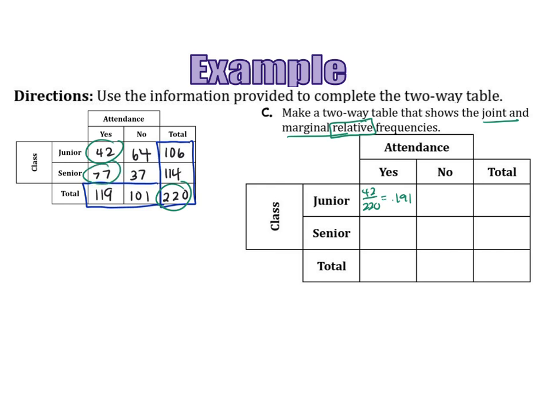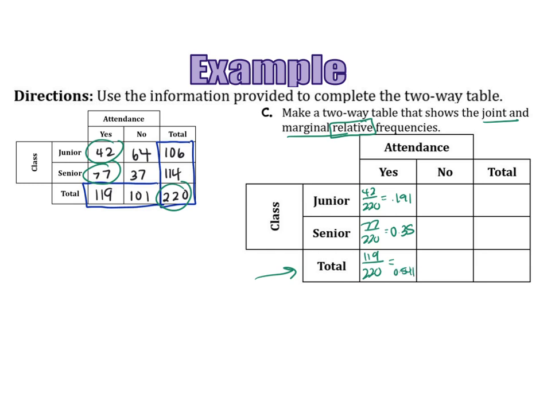We know that 77 of the 220 people that responded to the survey were seniors who said yes, which is 0.35. 119 out of the 220 were the total number of people, so this would be marginal, who said yes out of the 220, which is 0.541.